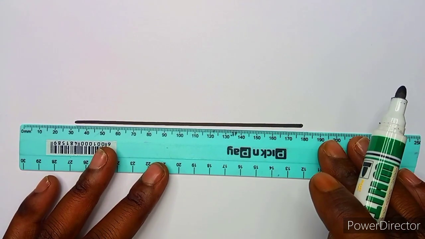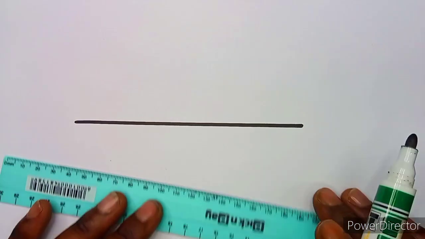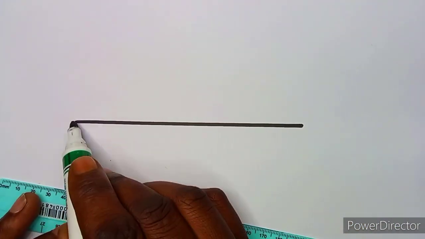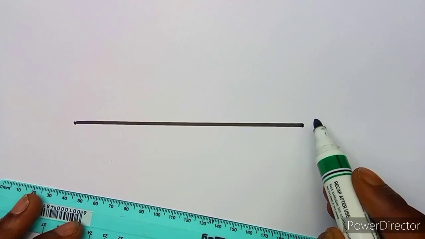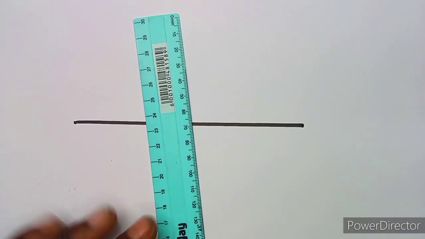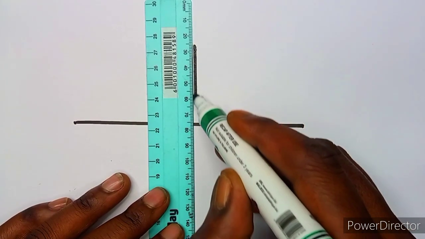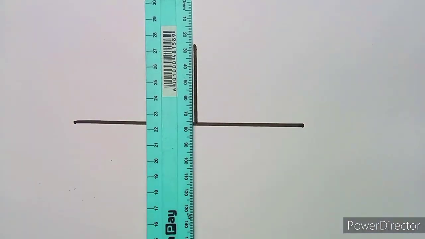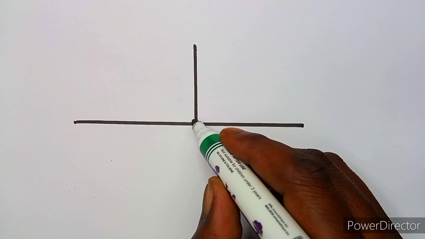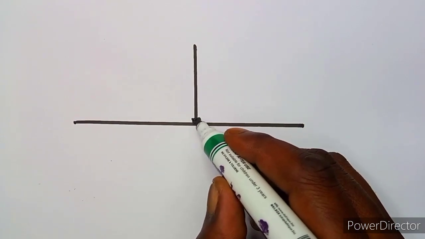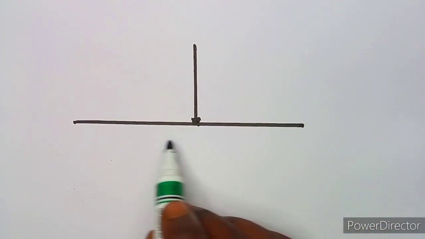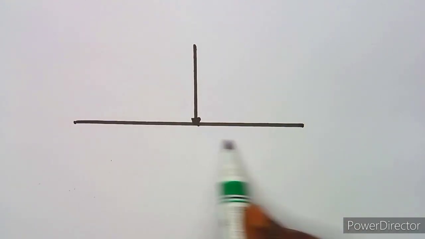So what is happening is that this is uniformly distributed over this distance of 10 meters. That means it is going to be divided in between, because it's distributed, so that it will be a concentrated load. From the 10 meters that you had, it is going to be divided into 5 and 5.